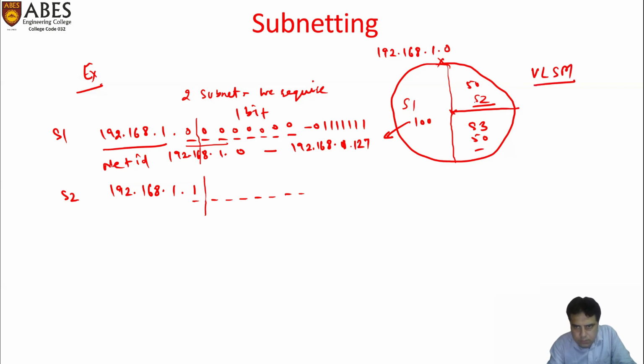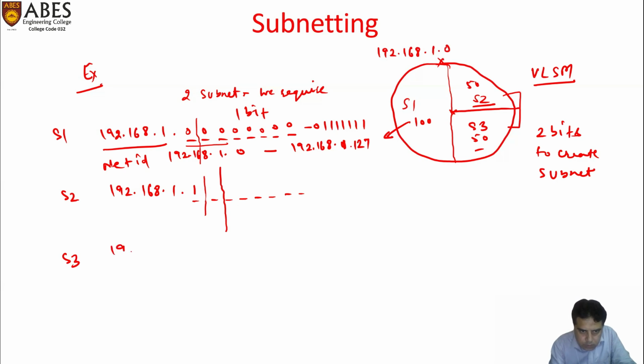For this, we will divide the subnet into two parts. So for this subnet, we require 2 bits to create the subnet. One more bit is used to create the subnet for this S3.